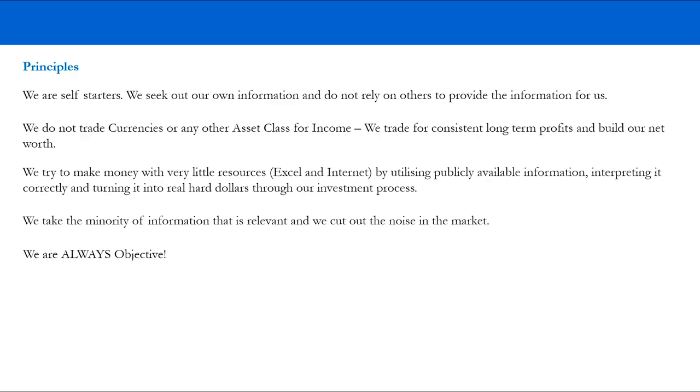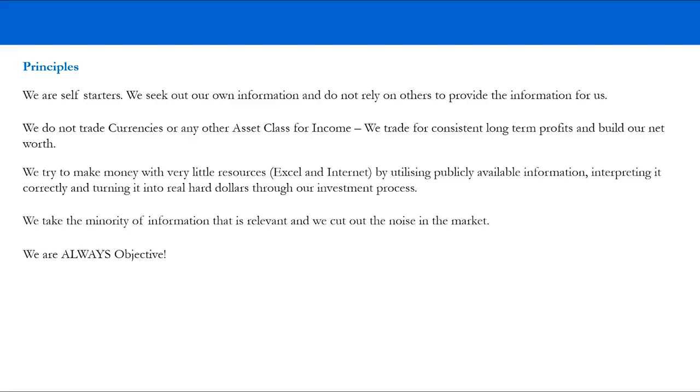Because the most probable situation when you're starting out as a trader in the retail Forex market is that the person you're dealing with or relying on for information is going to have a conflict of interest. So we have to go into this from the outset with a self-starter mentality that we're going to do everything for ourselves and only rely on ourselves and seek out our own information. So we have to stick to this principle.